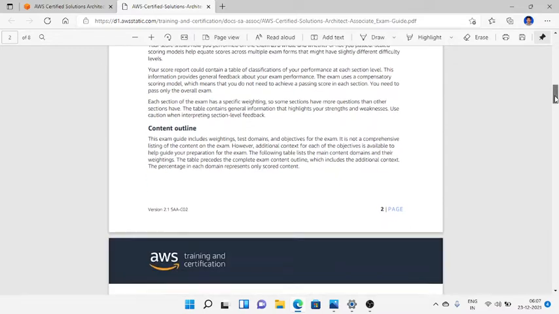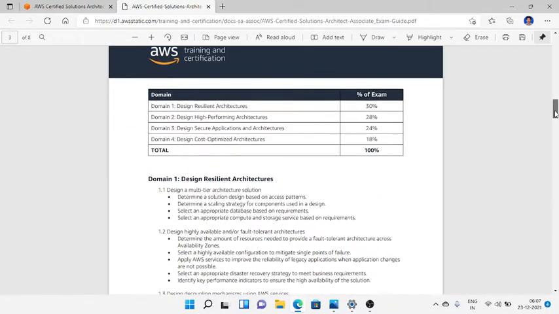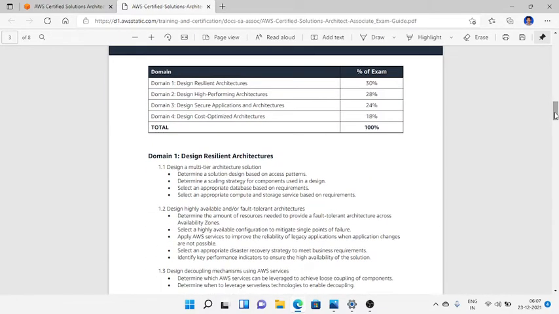Next comes the content outline. The exam is divided into 4 domains. First is design resilient architecture, about 30%. Next is domain 2, design high performance architectures, 28%.